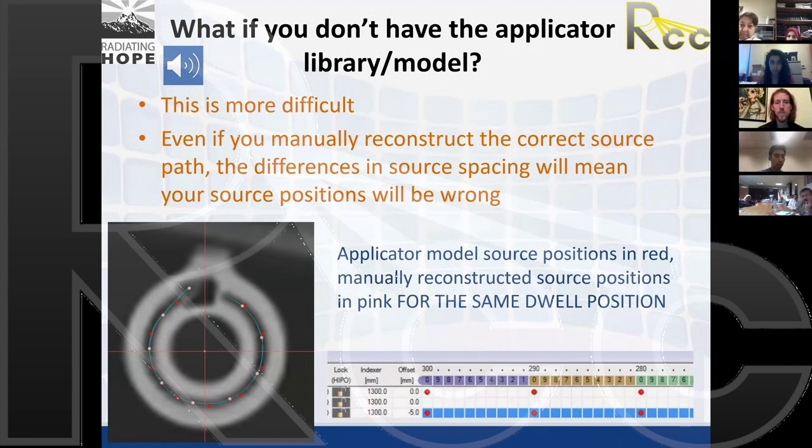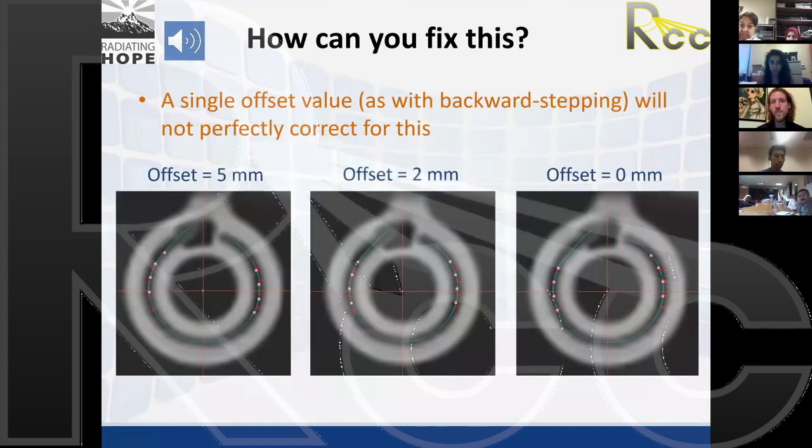So how can you go about fixing the discrepancy between the physically correct source positions and the manually reconstructed source positions? You could try using a single offset value in the same way that you use for a backward stepping HDR afterloader. Unfortunately, this won't perfectly correct for the right source positions. You can see the images in this slide. We've chosen different offset values to see if we could get a better match between our physically correct source positions and our manually reconstructed source positions.